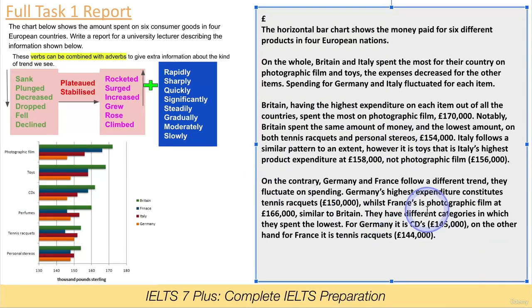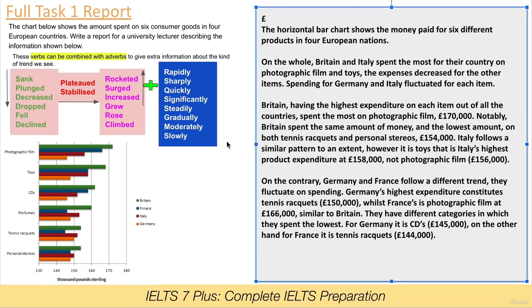Okay then, let's read this back. We will read both the paragraphs here and edit as we go along. So start with this one. Britain, having the highest expenditure on each item out of all of the countries, spent the most on photographic film, 170,000.